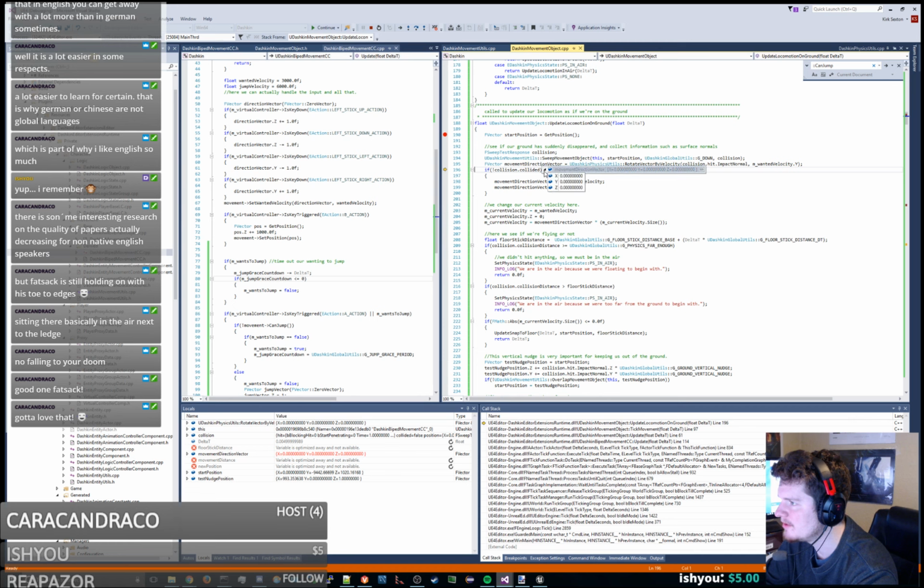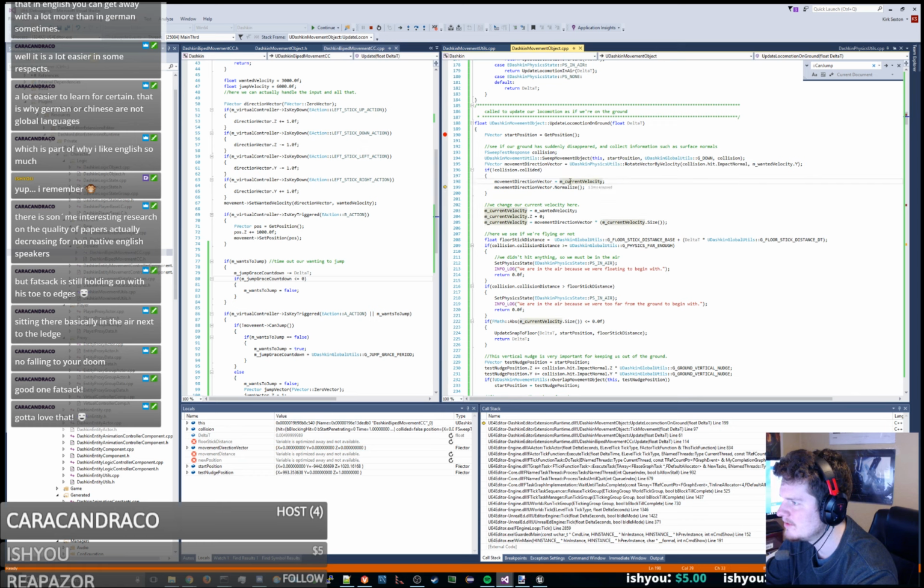Our movement direction vector is, so we're trying to go down. And we did not collide, so our current velocity is 0. So we didn't collide.